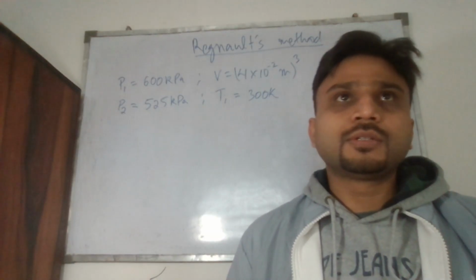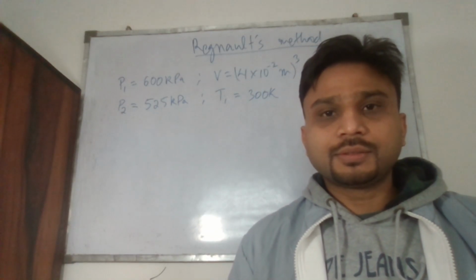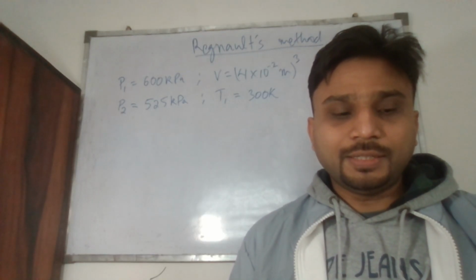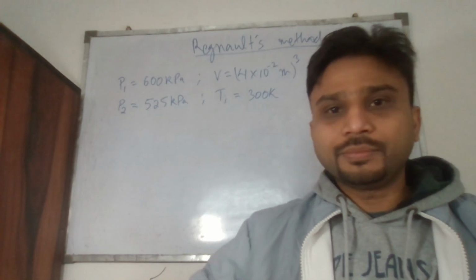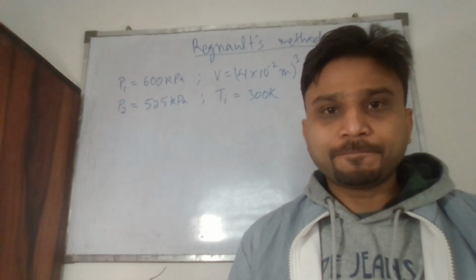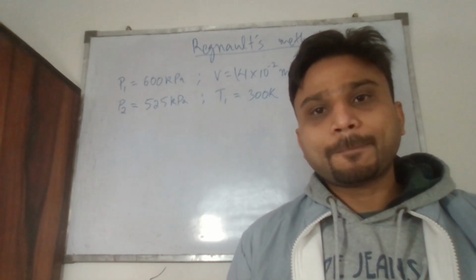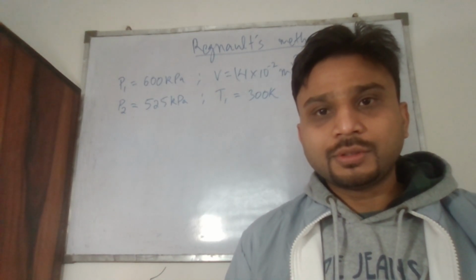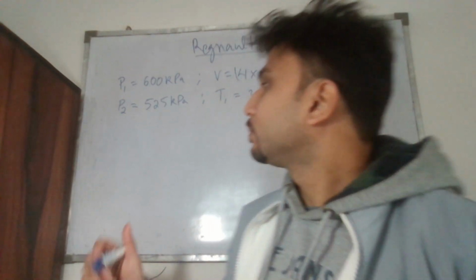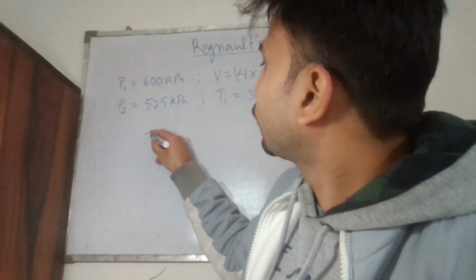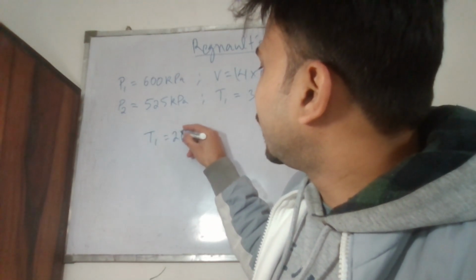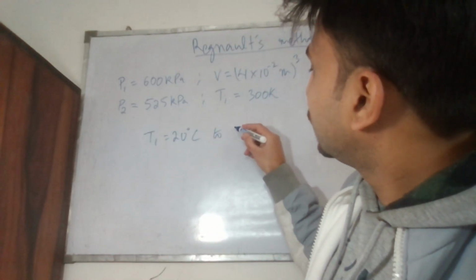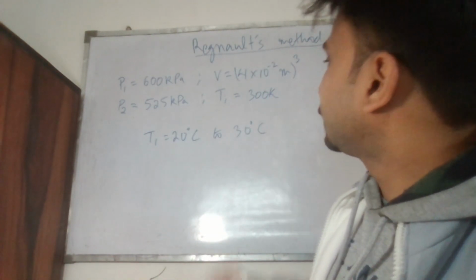So what happens is that we have taken out the gas and the gas is now flowing through some calorimeter. This raises the temperature of the calorimeter from 20 degrees Celsius to 30 degrees Celsius.